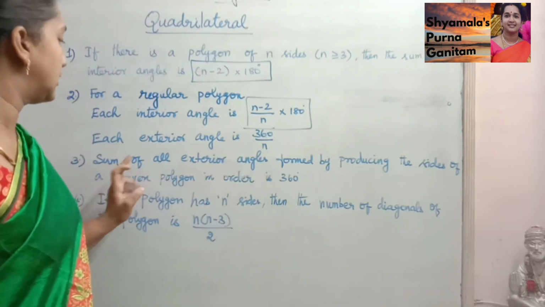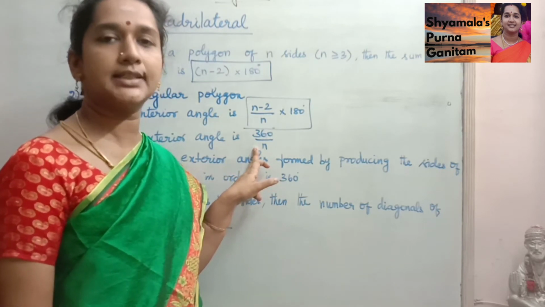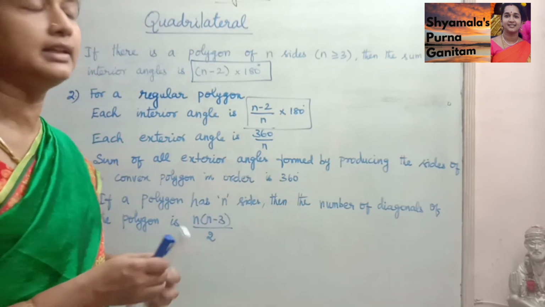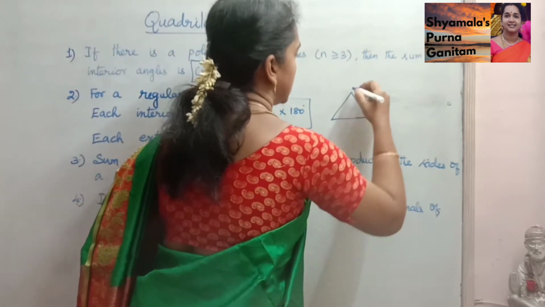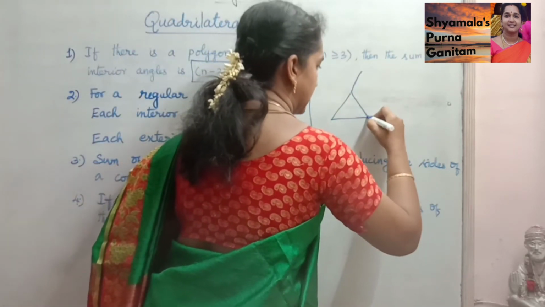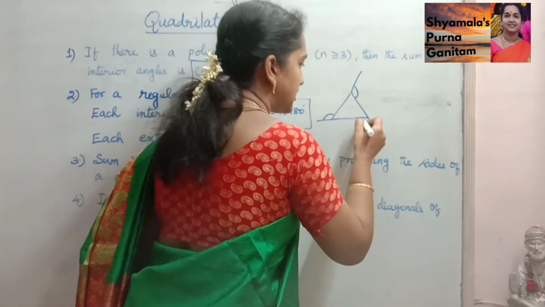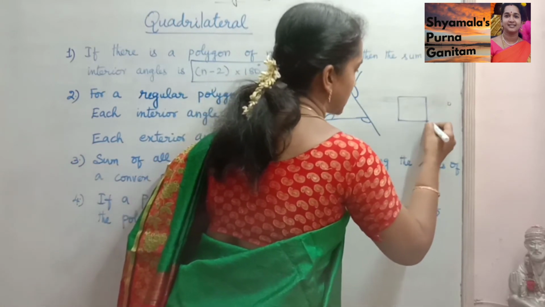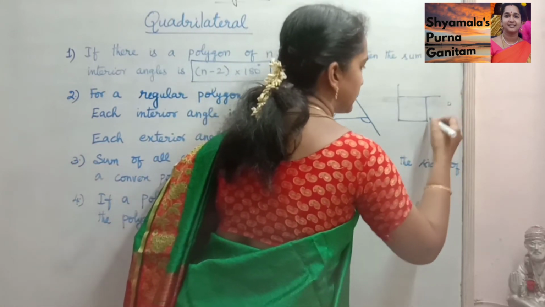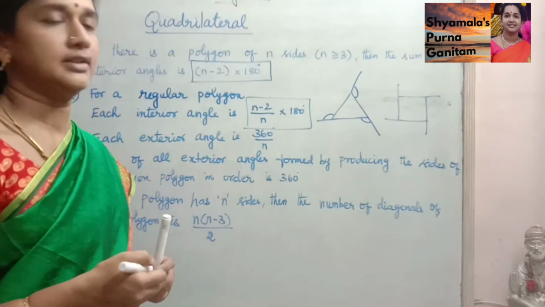In the same way, 360 by 4 for a square. When you take a triangle and extend the sides, we get exterior angles here. For a square, an exterior angle is formed here, so each exterior angle is 90 degrees.